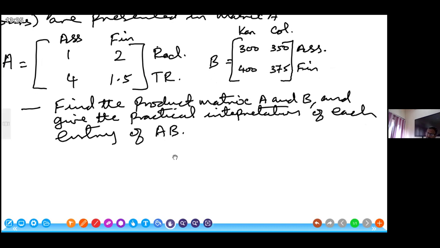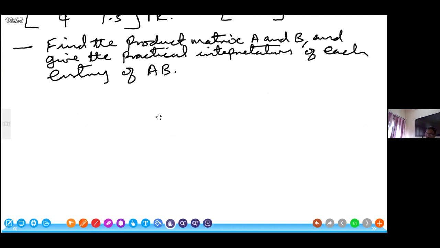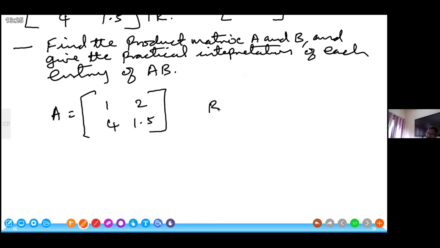Right, now I have two matrices, A and B. Let's say the A matrix is given as 1, 2, 4, 1.5. The B matrix is given as 300, 350, 400, 370.